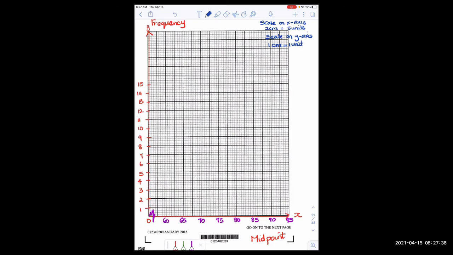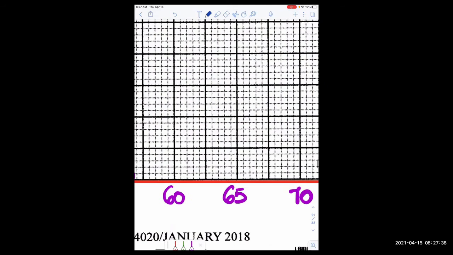All right. So the points that we are going to draw, but before we do that, we need to find out. So we have 1, 2, 3, 4, 5, 6, 7, 8, 9, 10. 10 blocks between the number 60 and 65.